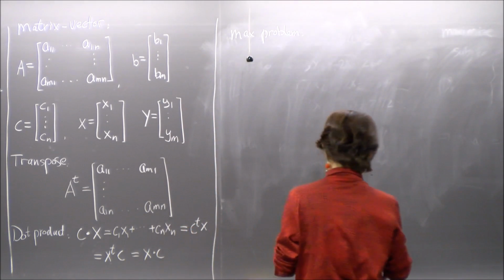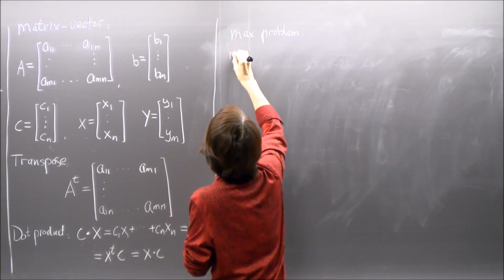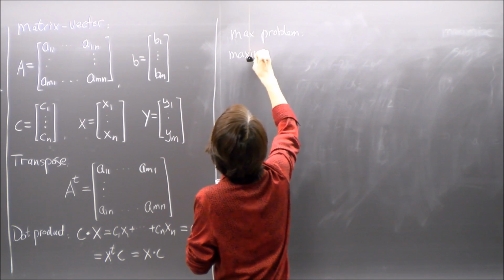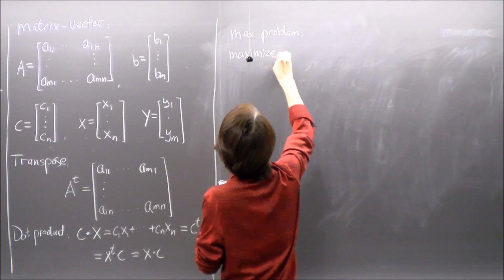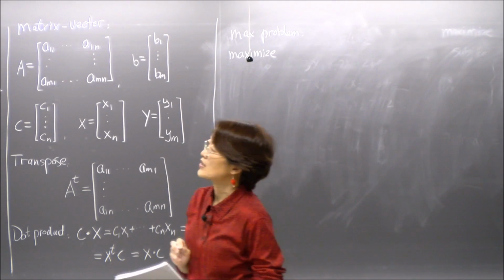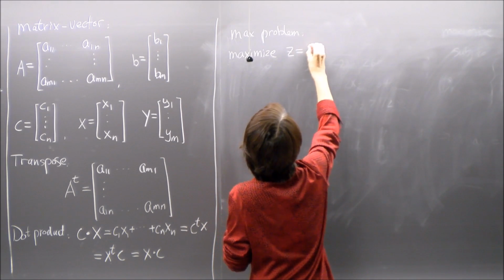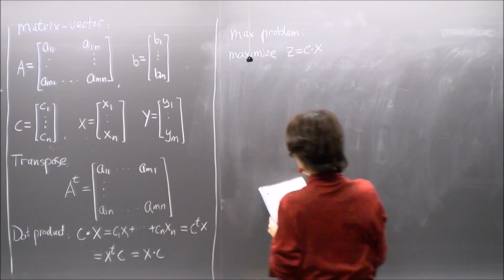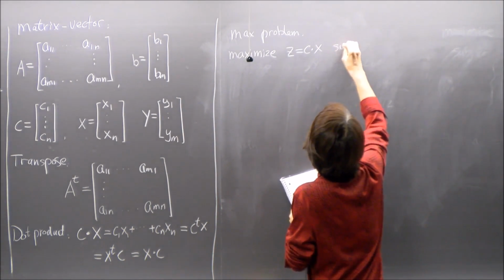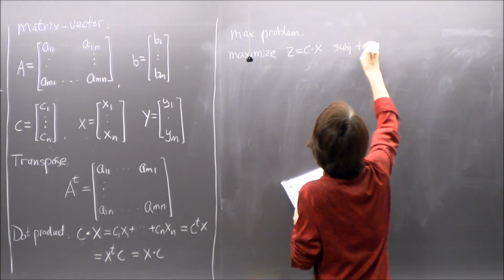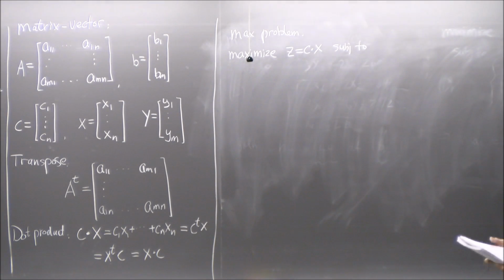How would I write the max problem? Maximize. What would I maximize? Well, it's a dot product, right? Z equals C dot X, subject to, what are my constraints?